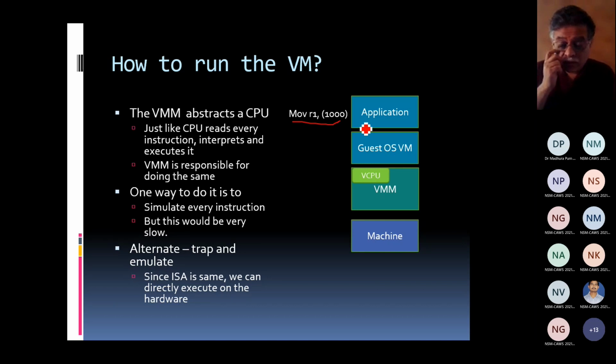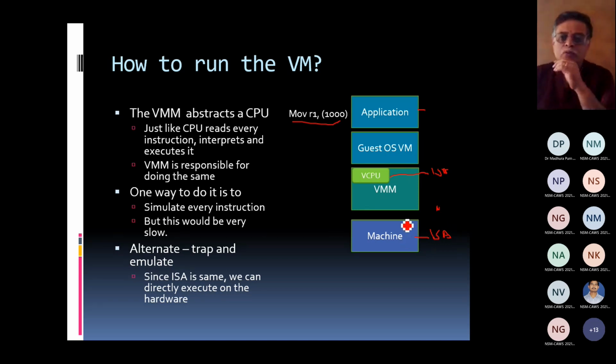Now, practically that is not very easy to do, or not very comfortable to do. So what people were doing is that if you understand that the ISA of this and the ISA of the machine is the same, then you could pretty much run this instruction directly on the machine. Right? So the application could be run directly on the hardware, and it would run at the speed of the machine, not at the speed of the VMM, or the speed of getting simulated.